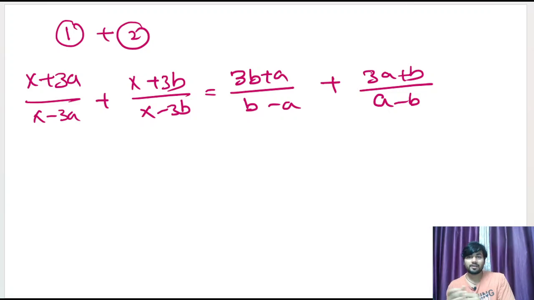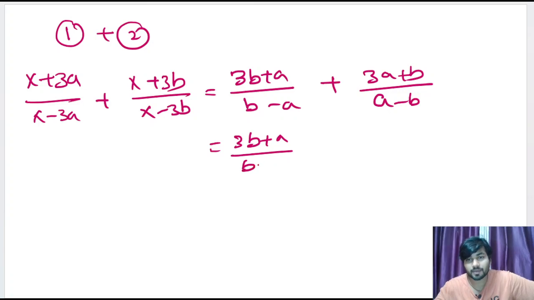So to get the problem simplified, I should do something in which I'll have a common denominator so that my LCM will not be weird. So what can I do? I can simply write 3b plus a upon b minus a and take minus common from here.